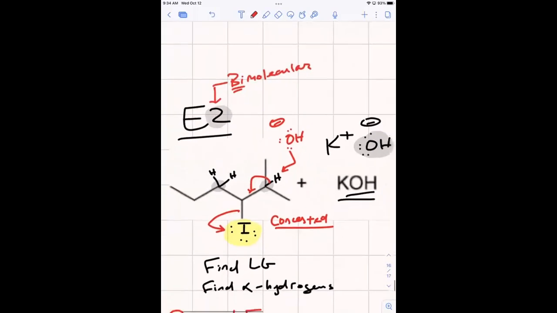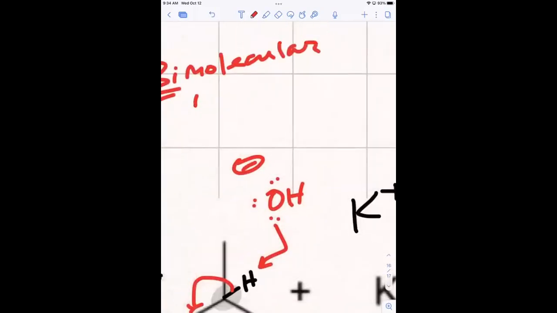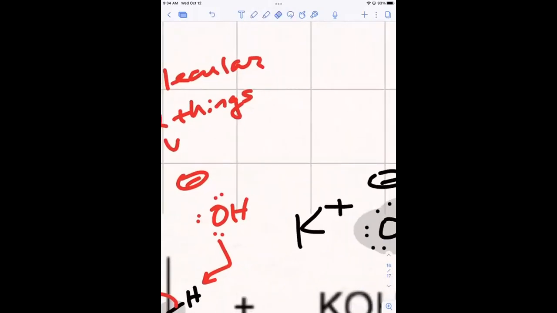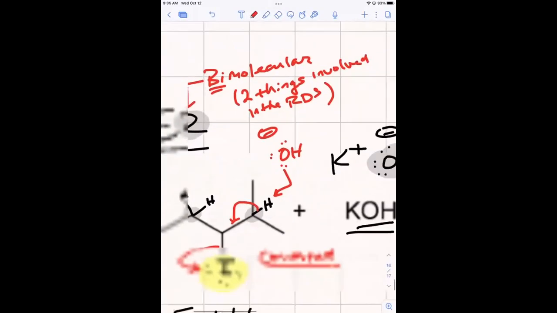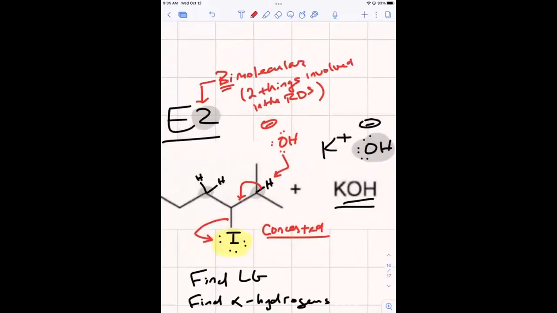E2 is elimination, bimolecular. So that means that there are 2 things involved in that rate determining step. That's all that means. It's a fancy word, but that's what it basically means.